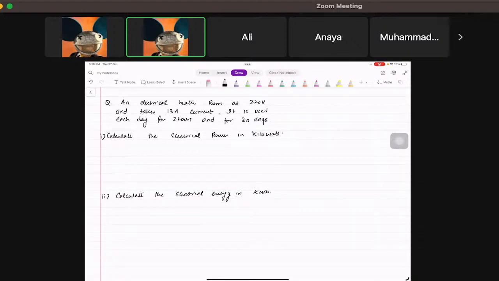And in the third part, calculate the cost of using this heater for 30 days if 1 kilowatt hour is equivalent to 30 cents.